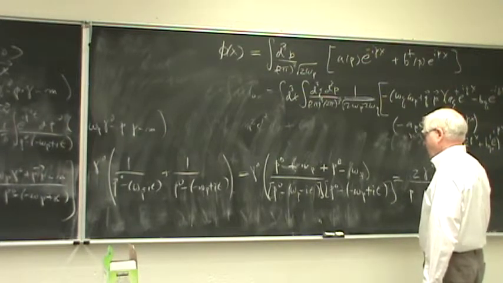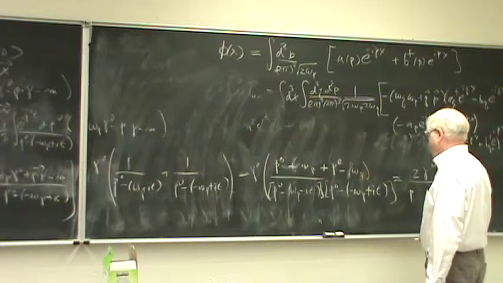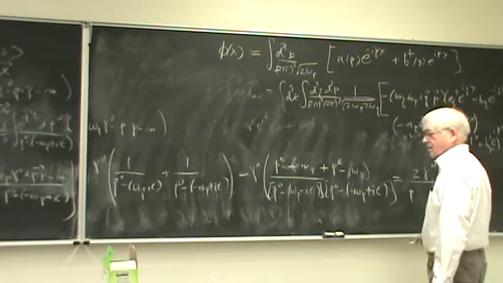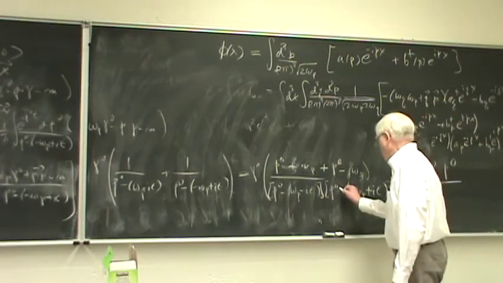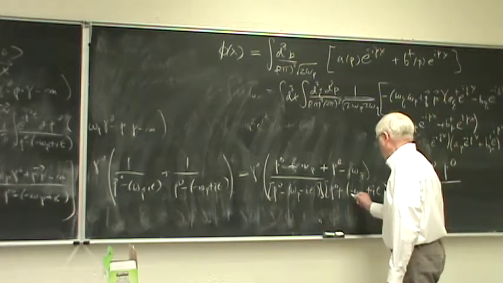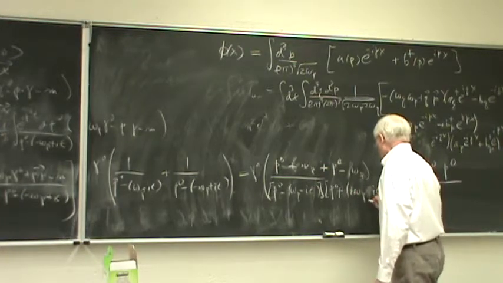Would it be easier if that second term, you factor out the minus sign, then you would have p₀ plus ω_p minus iε?